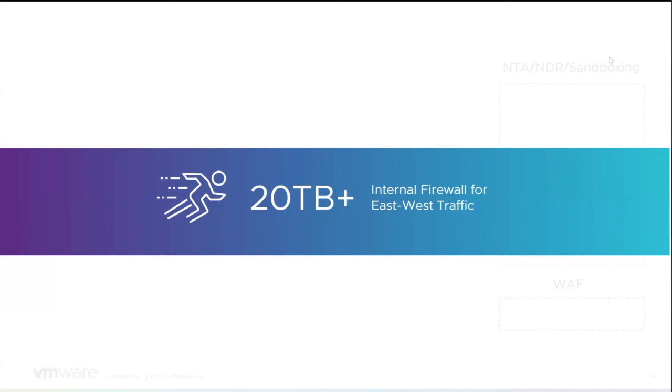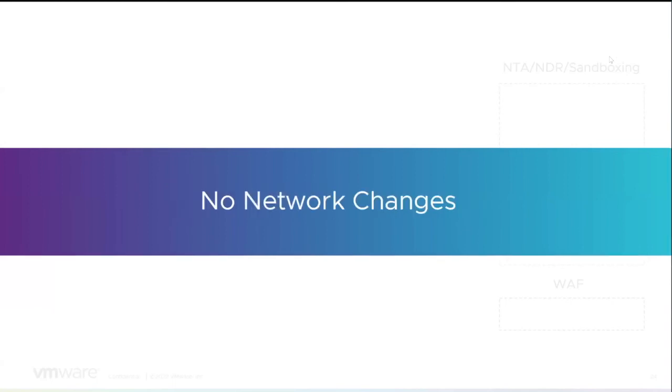Another benefit is massively increased throughput without the complexity of hairpinning traffic with very high-end firewall appliances, for example. And because this is in software, we don't need any underlying changes to the physical network. Once it's there, you can operate your entire data center environment from VMware.